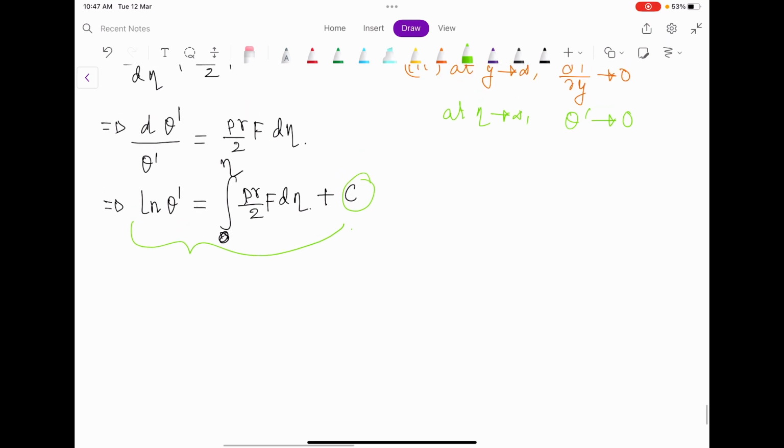What we can do is set the limit 0 here and eta here.